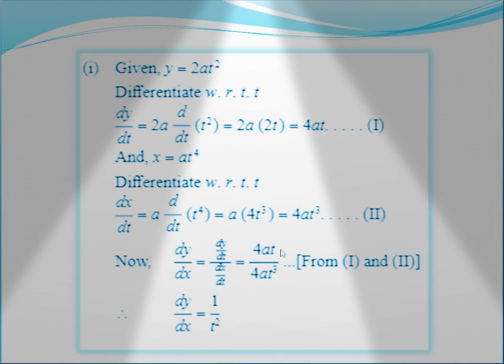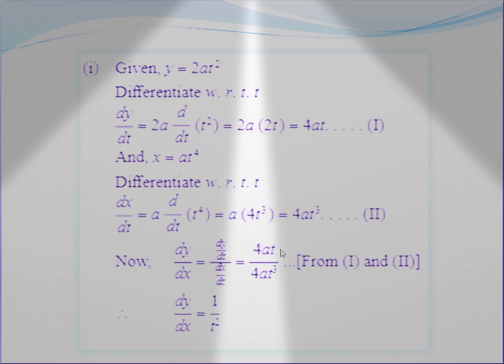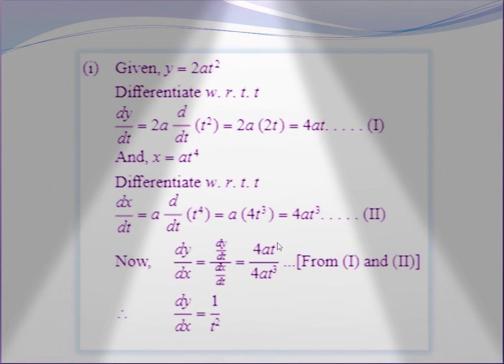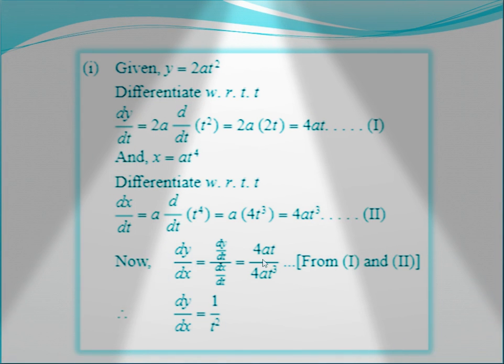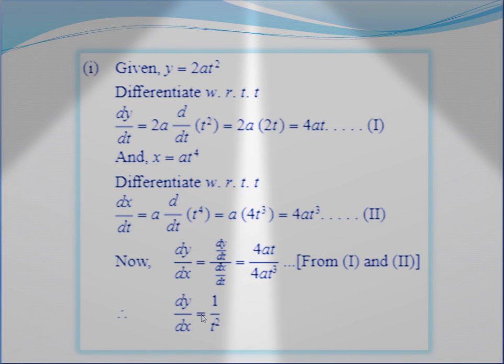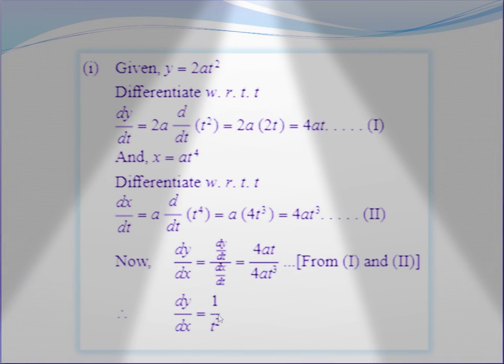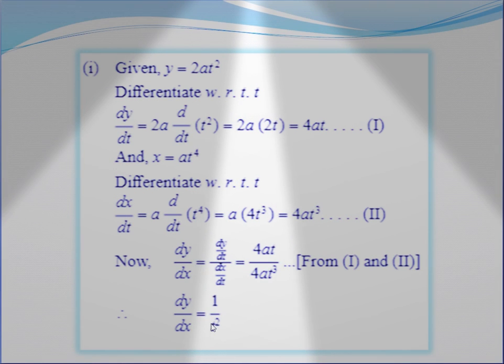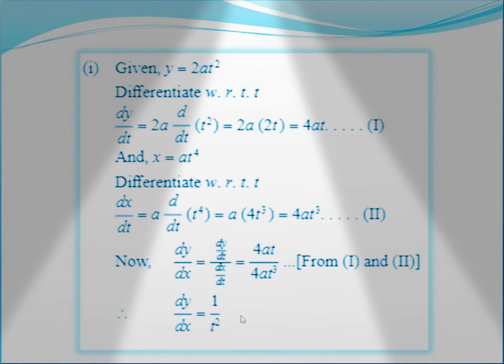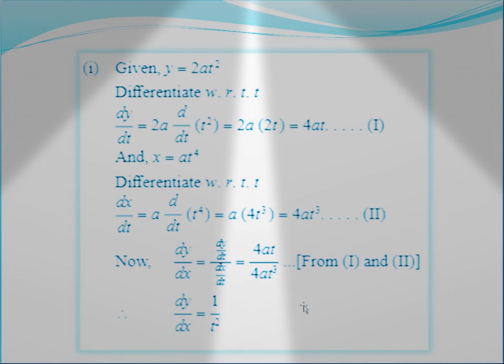We get dy upon dx equal to 4at upon 4 into a into t cube. Now 4 upon 4 cancels, a upon a cancels out, t upon t cube cancels. Our remaining term is dy upon dx is equal to 1 upon t square. This is the answer for the first example.